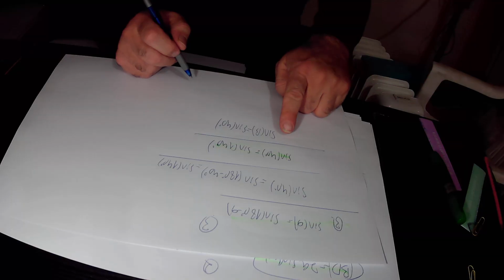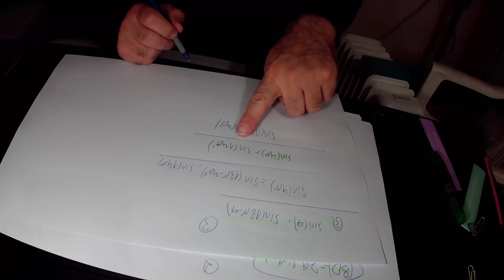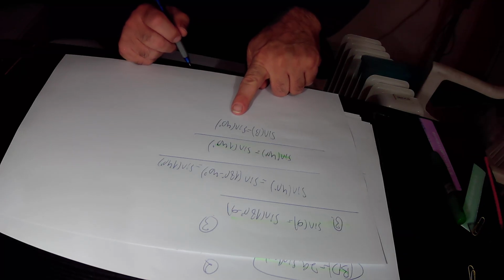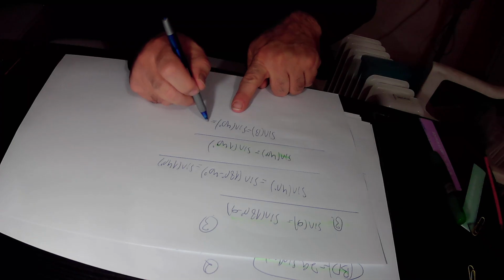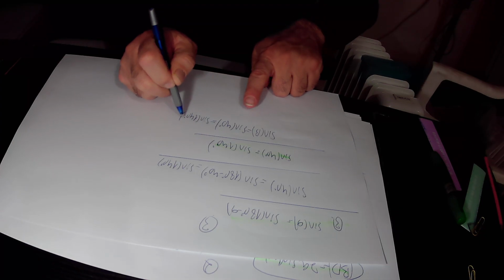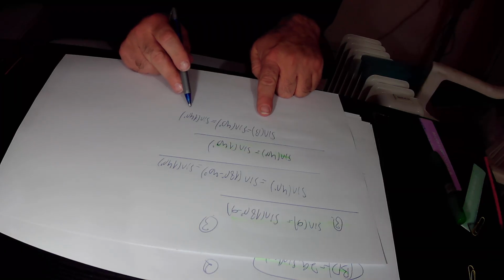But we just now found out that sine 40 degrees equals sine 140 degrees. So we can add to this equation that sine 40 degrees equals sine 140 degrees. Those two sides of the equation are equal to each other. That is to say, sine beta equals sine 140 degrees.